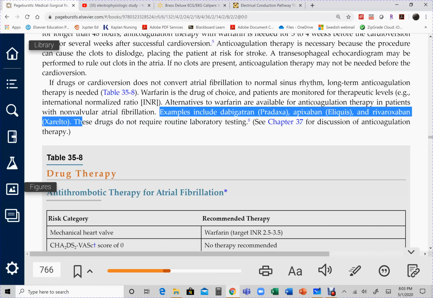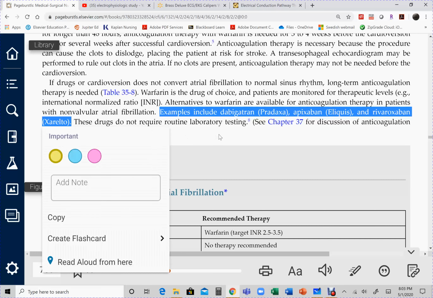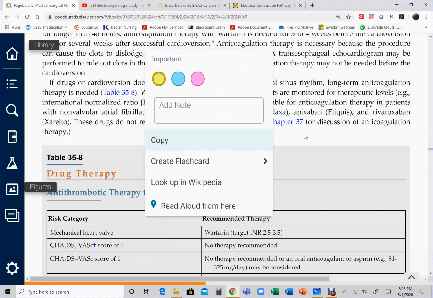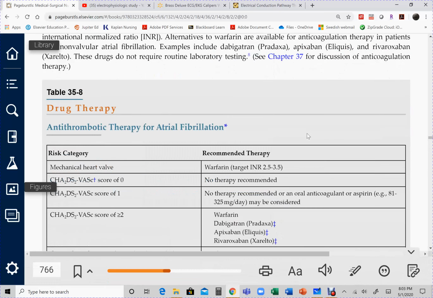These are the new ones that are an alternative to warfarin. As I mentioned in chapter 37, not all of these have antidotes though. But they're very convenient. Again, no routine blood monitoring necessary, and no diet restrictions.